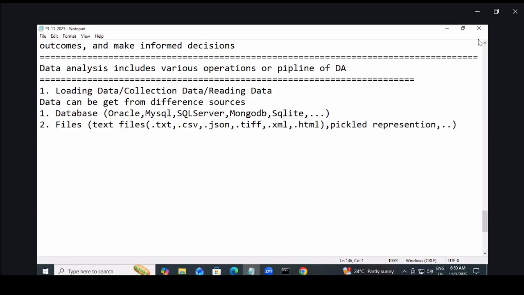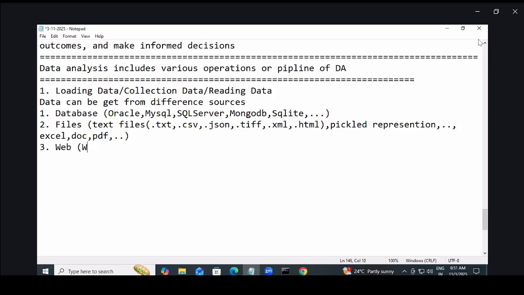So the data can be obtained from databases, or from files, or like when you work with Excel. So from all these different systems you'll get the data. It can be a doc file or a PDF file, right? But the data requires a source. Or it can be collected from the web.